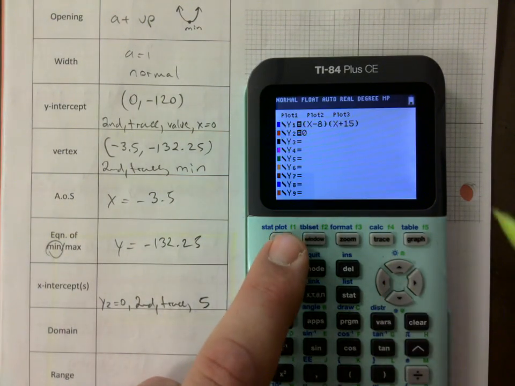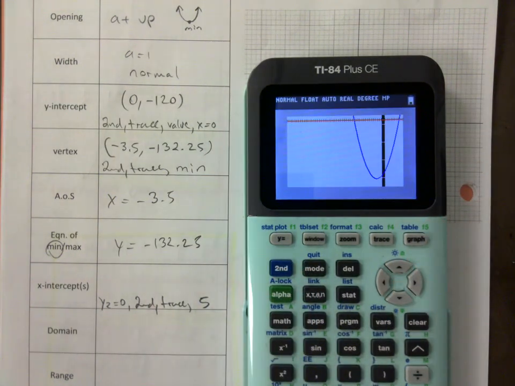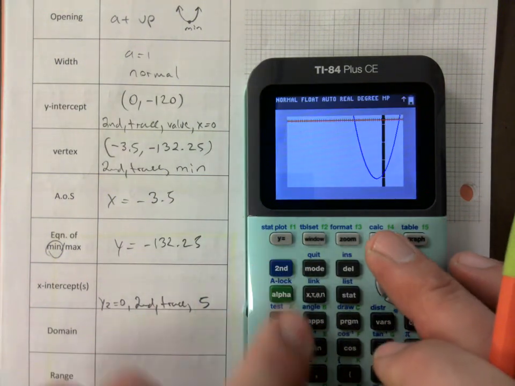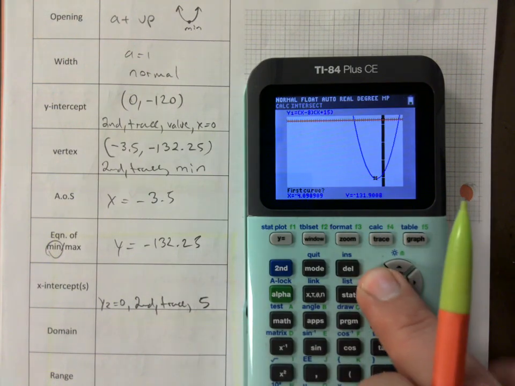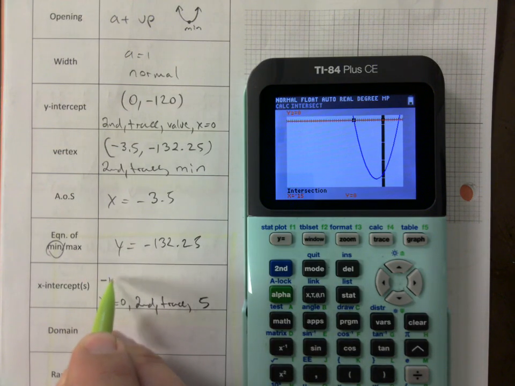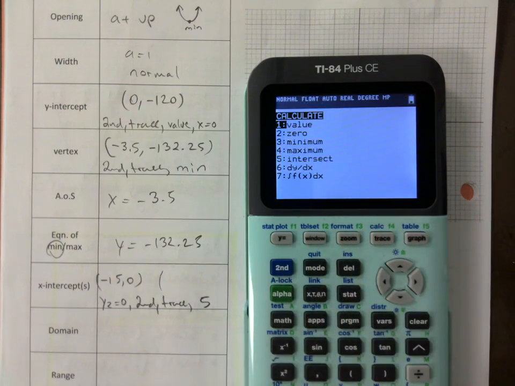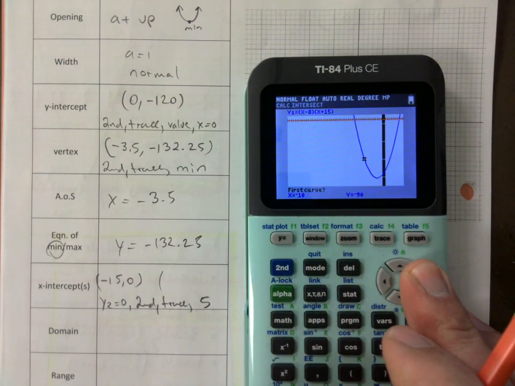So I'm going to y equals, y2 is equal to 0. You have to hit graph or else it won't do it. Okay? Second trace 5. Go to the one you want to find first. Enter, enter, enter. So you've got negative 15, 0. Then second trace 5. I'm going to go all the way over to the other side.